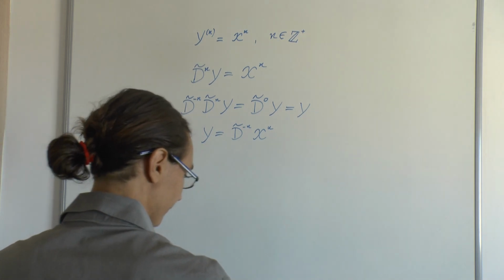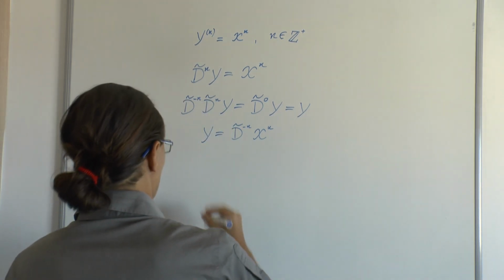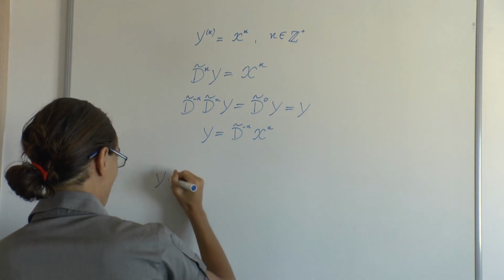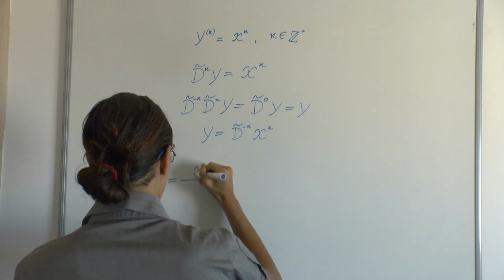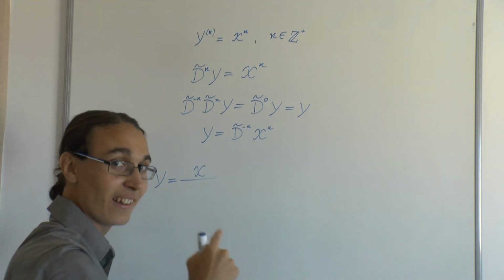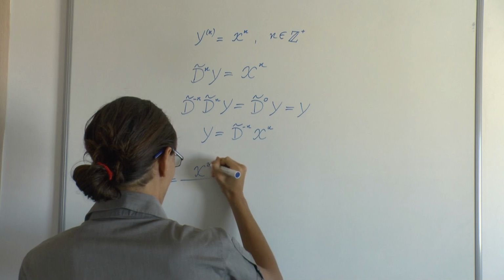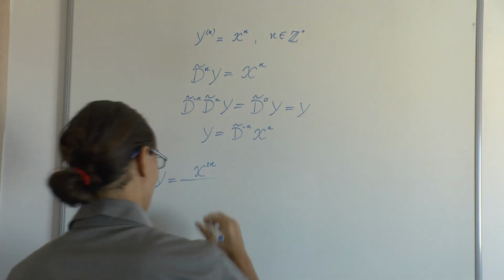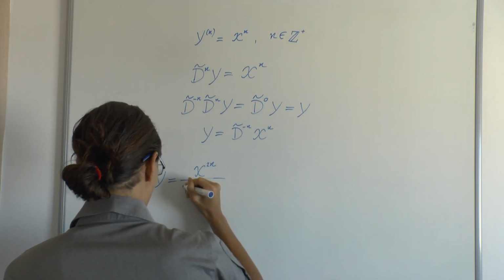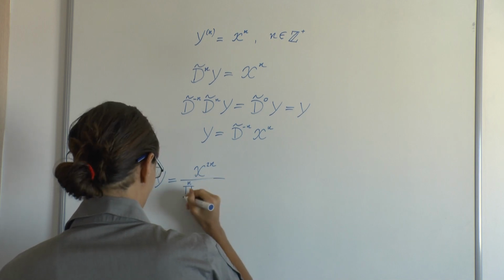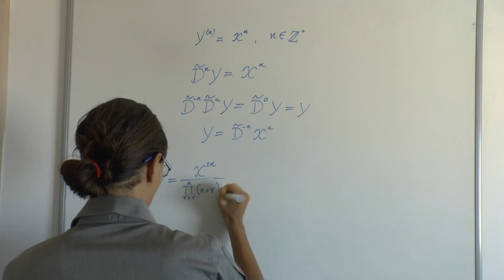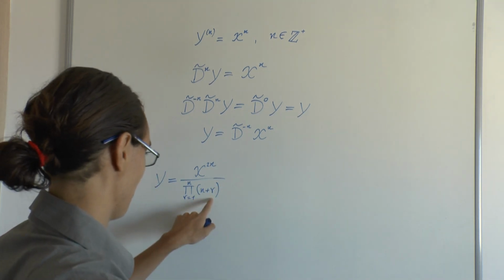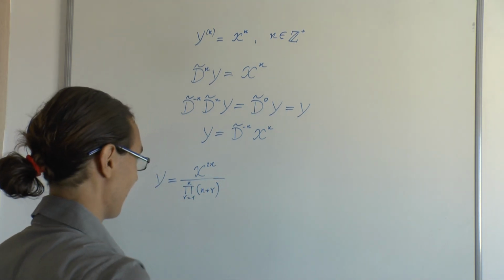And so our y, hopefully if I do this right, will then be x to the n plus n, or x to the 2n. And yeah, again, it's familiar, isn't it? The product from r equals 1 to n of n plus r, because we would be stopping at n plus n once again.